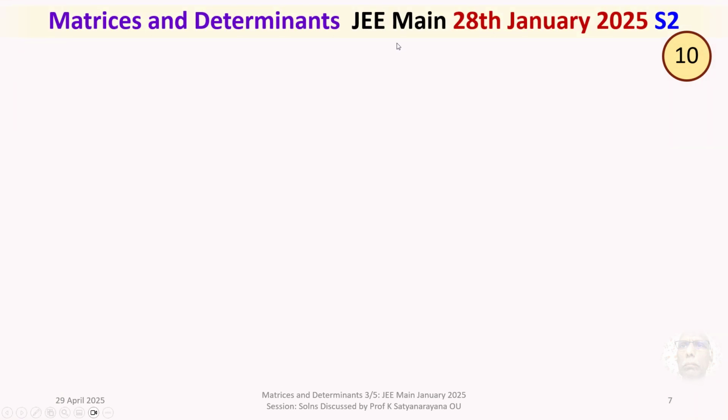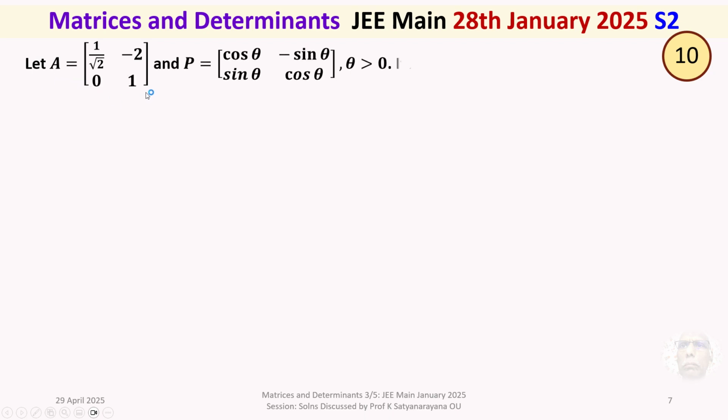This question has appeared in the JEE Main exam held on 28th January 2025 in the second shift. The given question is, let A be a 2 by 2 matrix whose first row is 1, 1 by root 2, minus 2, and second row is 0, 1, and P is the matrix whose first row is cos theta, minus sin theta, second row is sin theta, cos theta, where theta is positive.